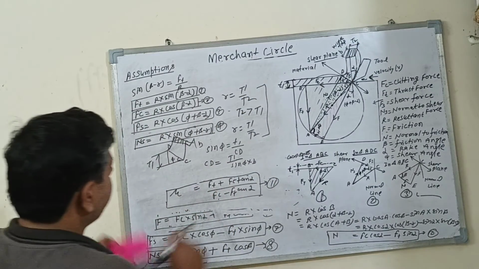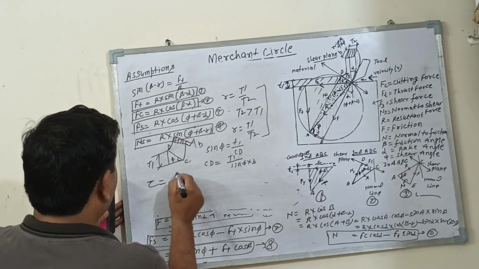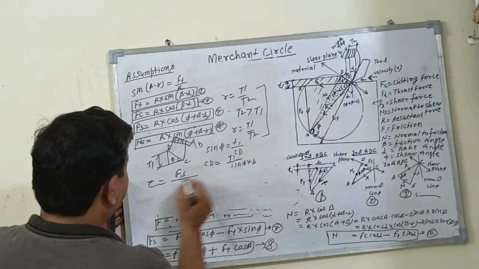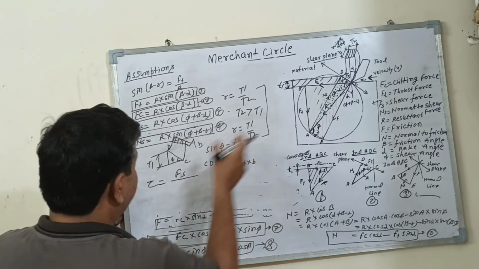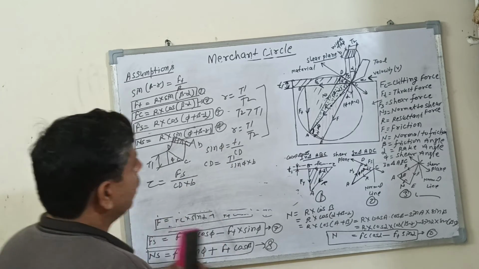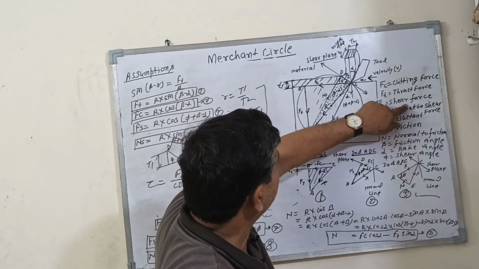The mean shear stress on the shearing plane is tau. Tau is equal to Fs divided by the area, CD into B. Fs means shearing force.